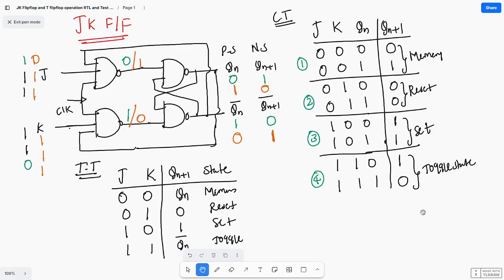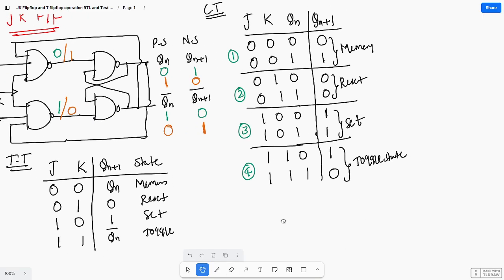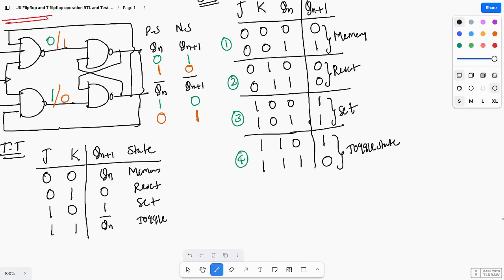And how will you draw the characteristic equation? The characteristic equation you will get from the characteristic table only. By using the K map I will derive this characteristic equation.